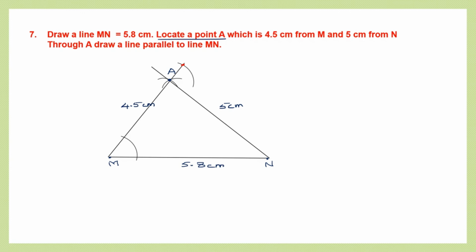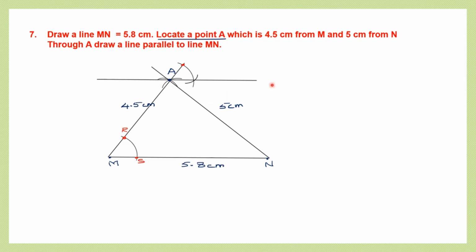If I have to name it, I can name these 2 points R and S. So this measurement is what we need to get, and we're going to mark it here. With that measurement, we are going to cut an arc here. So here we've got an arc. Now we have this point and this intersection of the arc, we can draw a line.